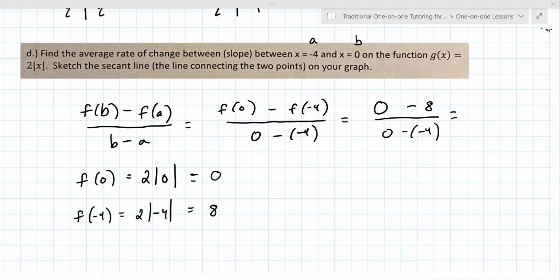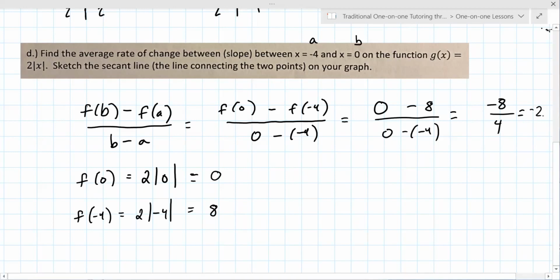All right, so that's -8 and 4. Then on the bottom, what does that reduce to? What does this reduce to? -2. Very good.